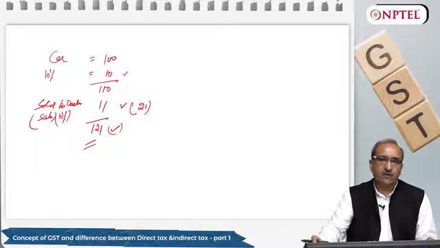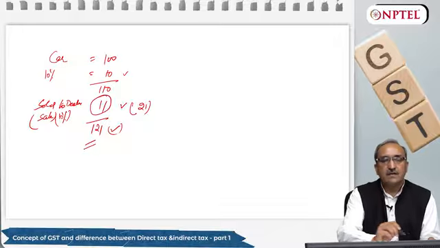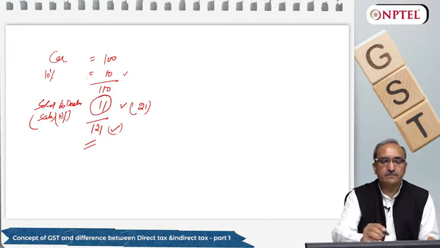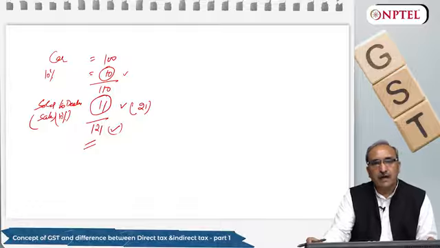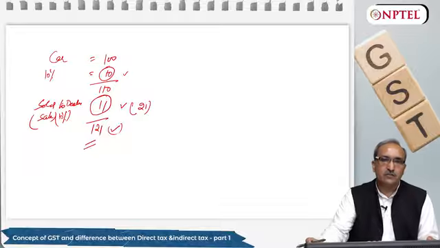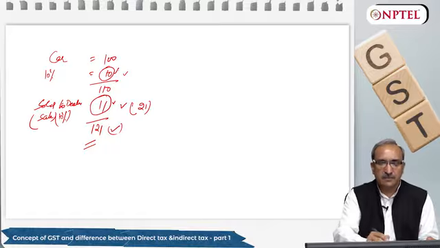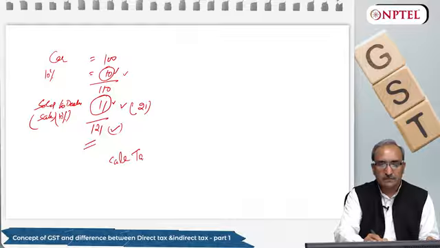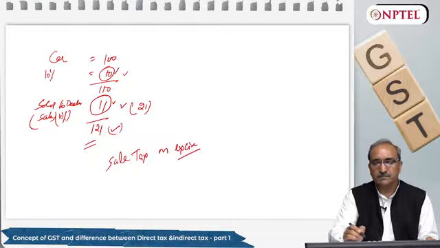And in this pricing mechanism, in the 11 rupees, I am paying sales tax on excise also. So it means I am paying tax on tax. I am paying sales tax on excise.